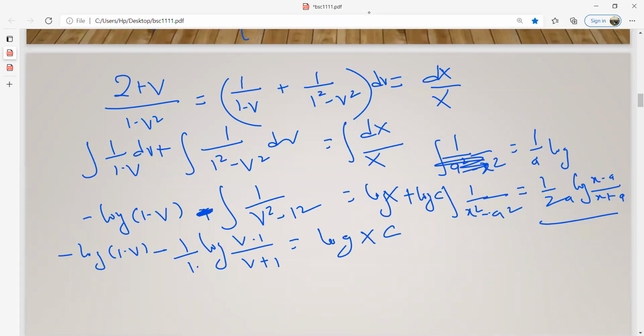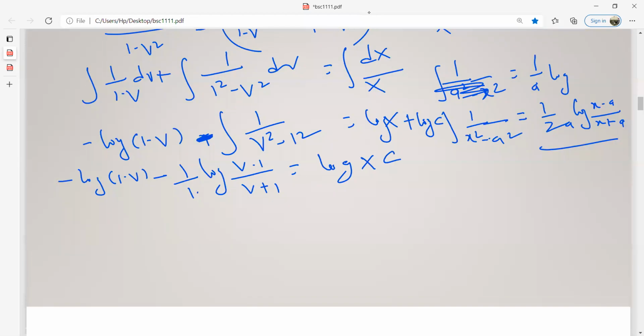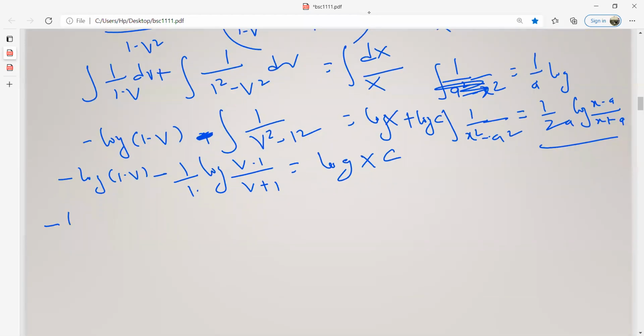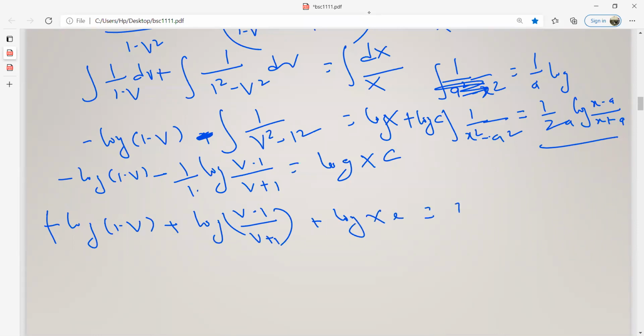Now simplify this expression: minus log of 1 minus v. Also here we use the log a minus log b formula. So all these values can be written down in this manner. Taking all these values to the right hand side, this negative sign is also converted to positive sign. So here is log of v minus 1 upon v plus 1 plus log of capital X c equal to 0.